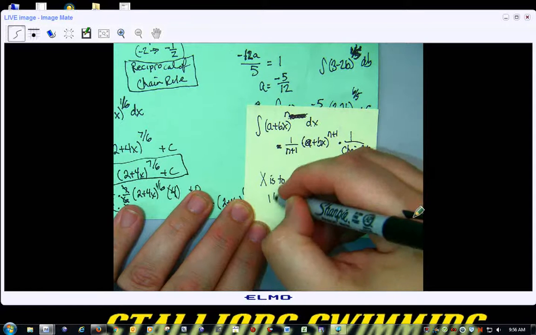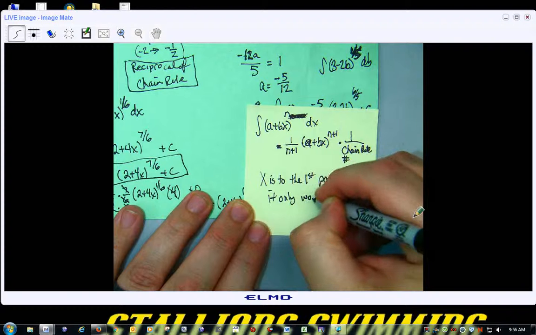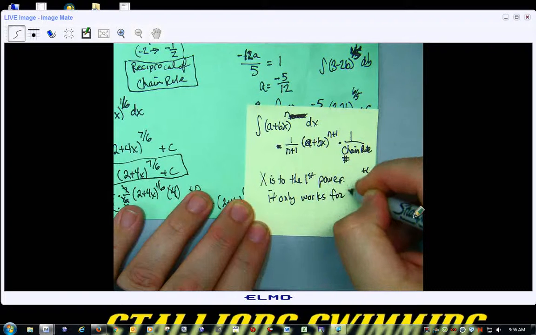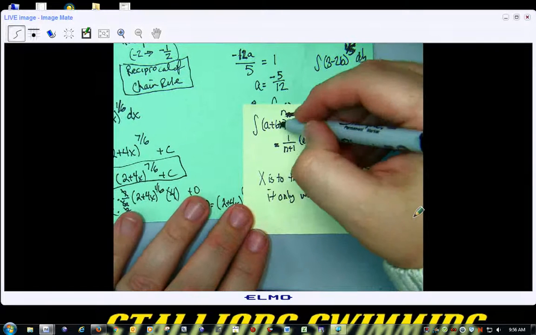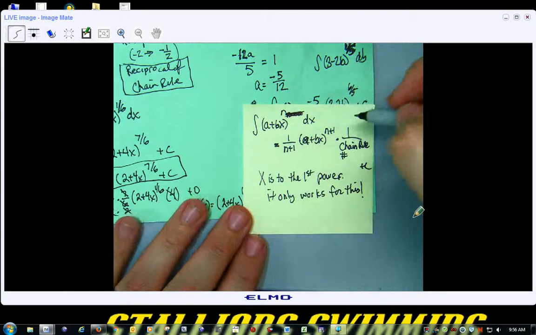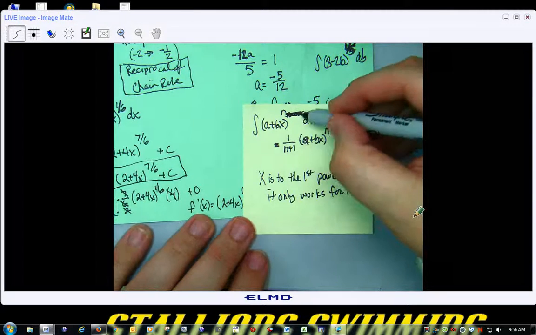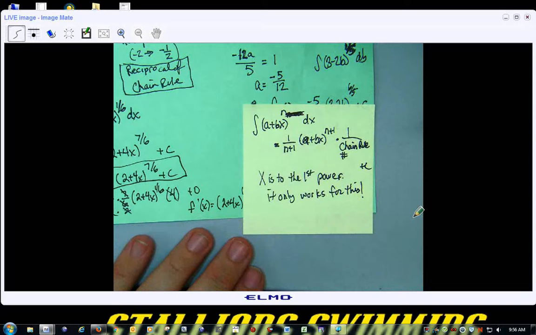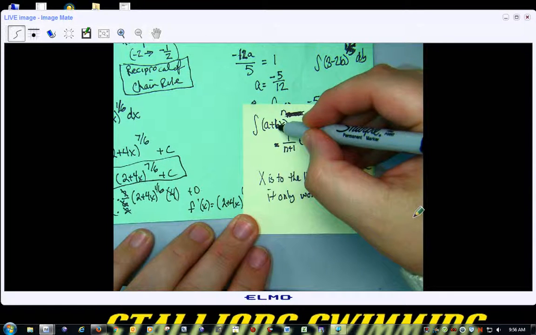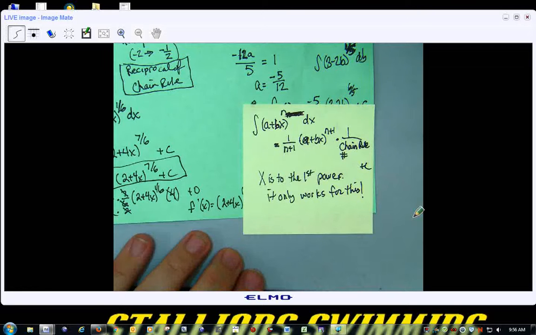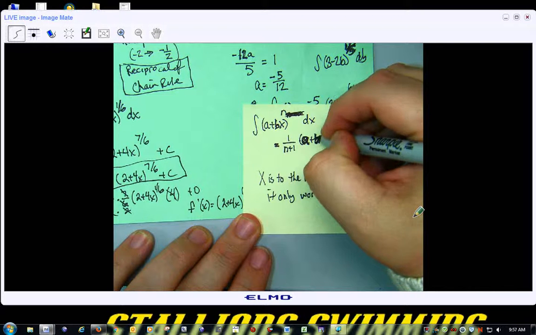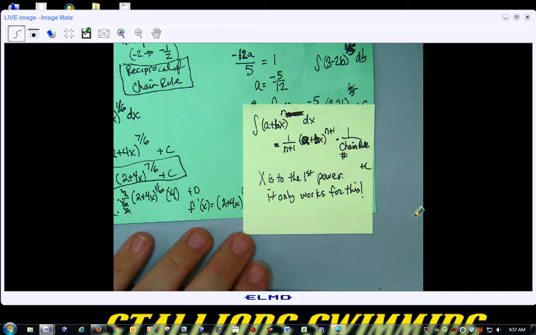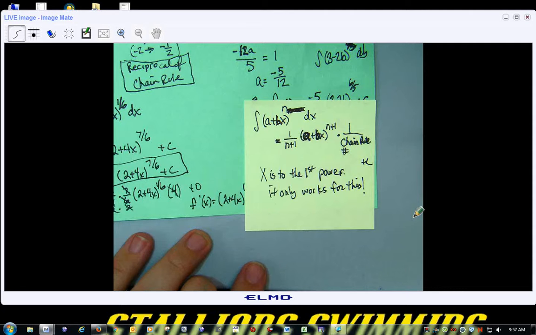A plus bx. Can you guys not actually deduce things? Okay, just checking. Because if that's a plus bx, that should be a plus bx, right?